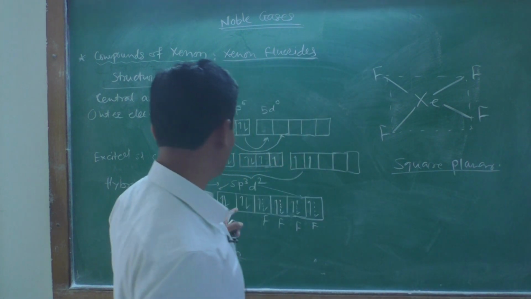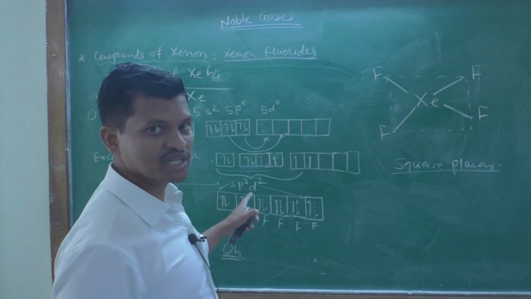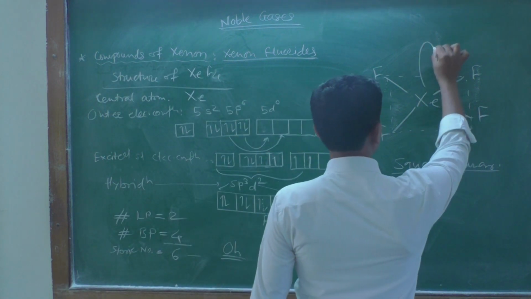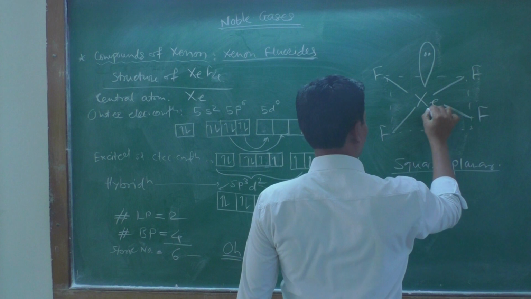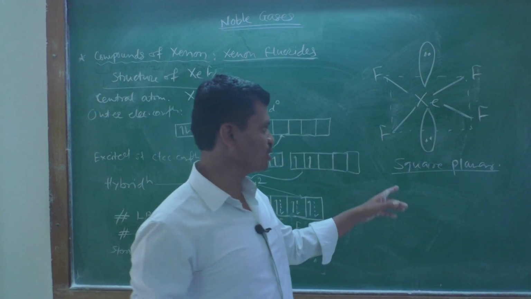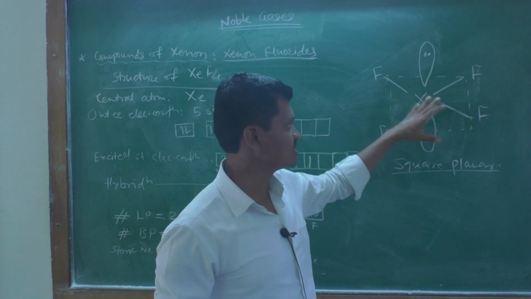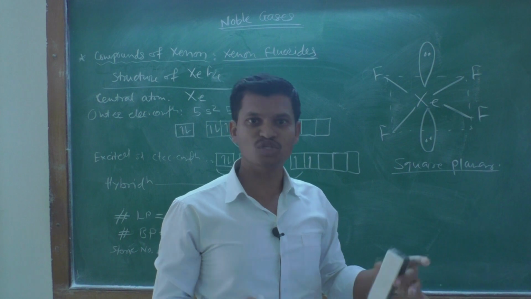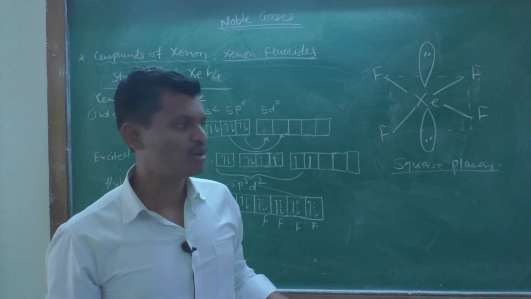The 2 lone pairs of electrons in the sp3d2 hybrid orbitals of the central xenon atom occupy the axial positions. While dictating the shape of the molecule, we neglect these lone pairs, so that's why it is called square planar geometry or square planar shape.